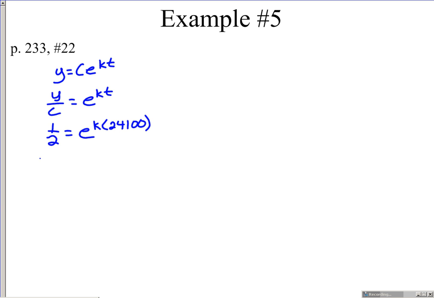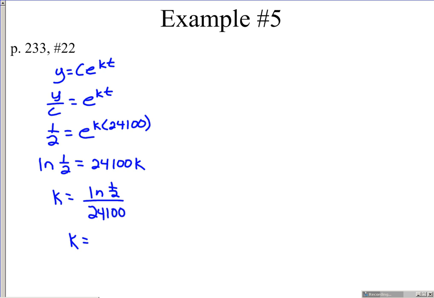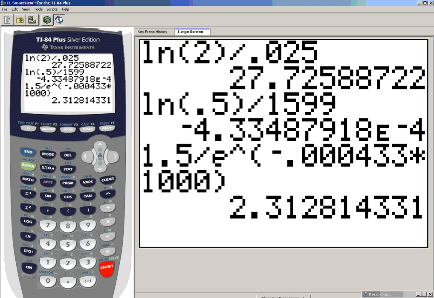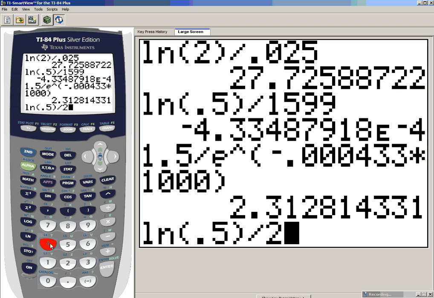Take the natural log of both sides, since the exponential is by itself already. Divide. K is going to equal the natural log of 1/2 over 24,100. Natural log of 1/2 divided by 24,100.